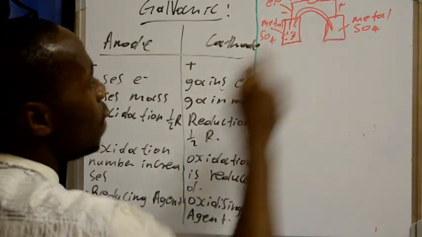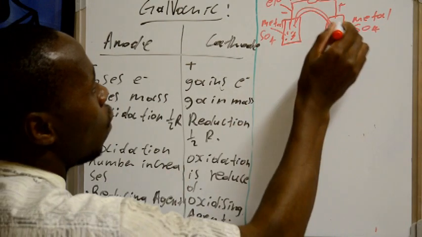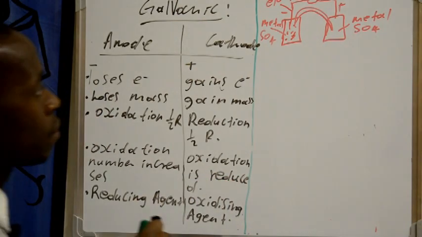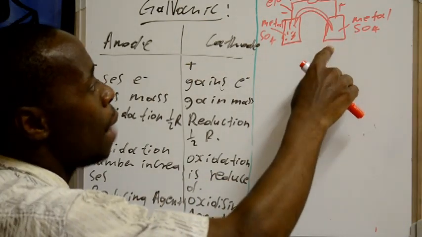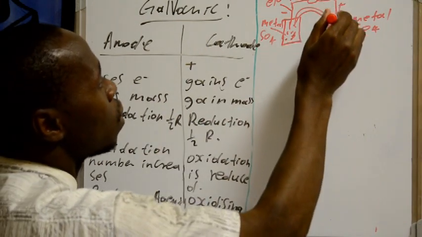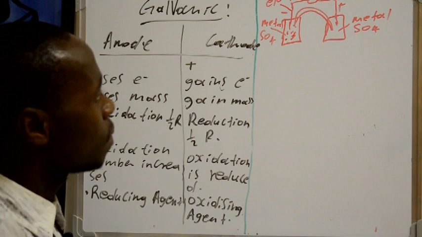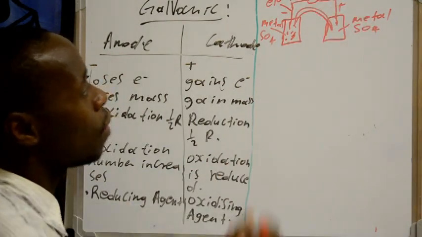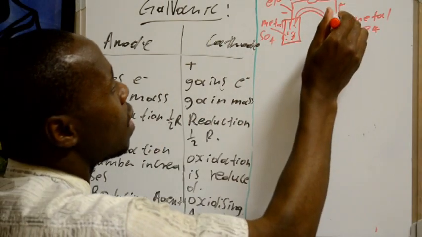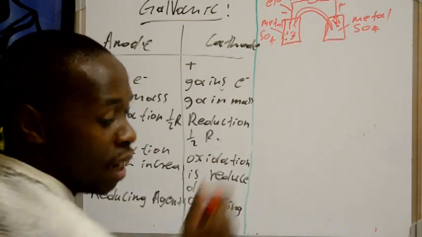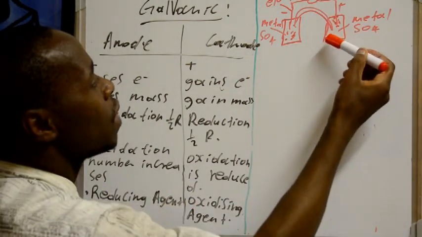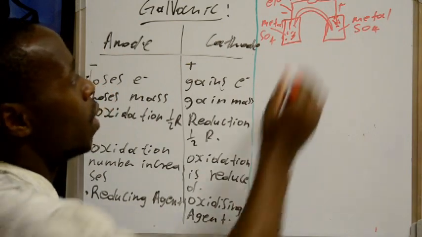When this metal receives electrons, the solution has ions of this metal, which are positive, so they will be attracted to this electrode. This electrode acts as a magnet, and the ions settle around the electrode.